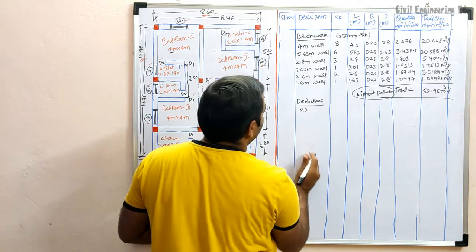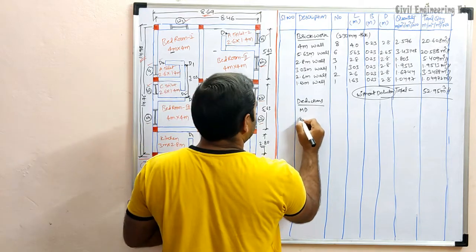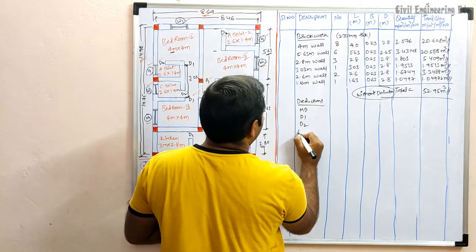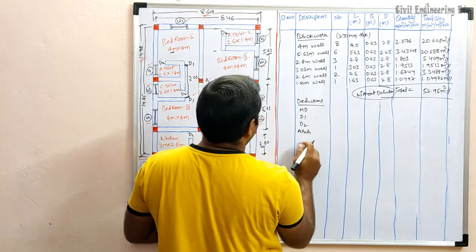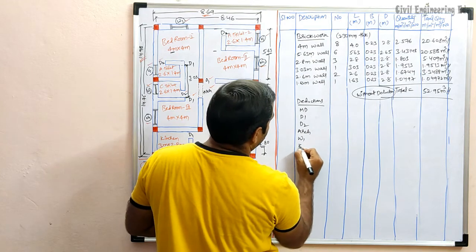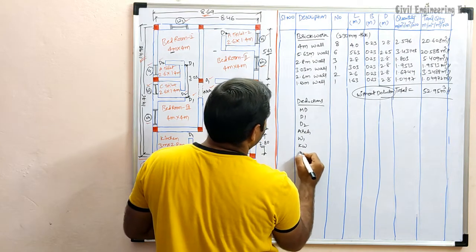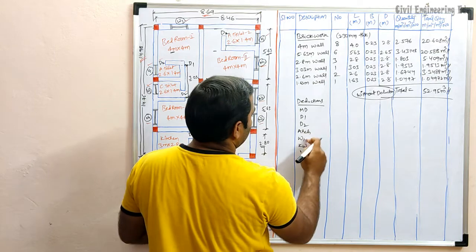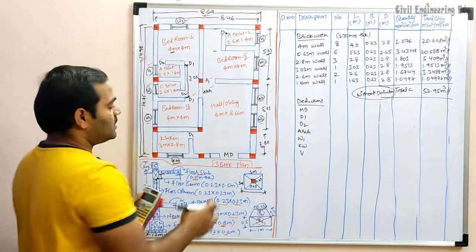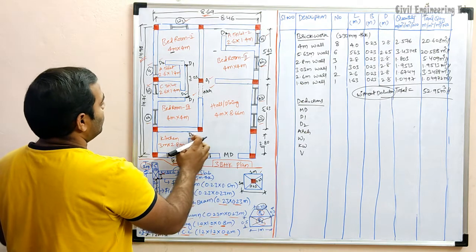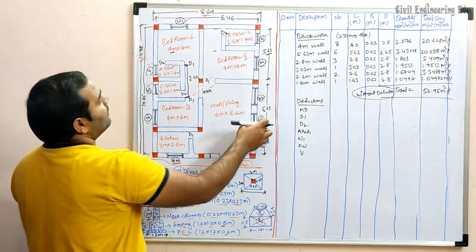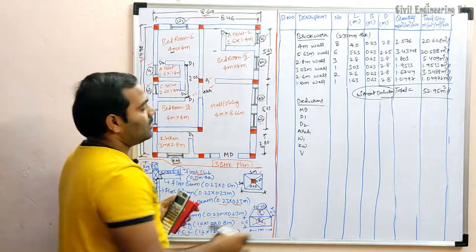First one is main door, second one is door 1, door 2, next one is arch, next one is window 1, next one is kitchen window, next one is ventilator. Total 7 numbers. So all 7 openings are there. So all this I have written.